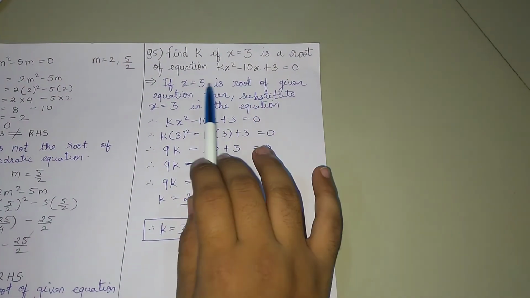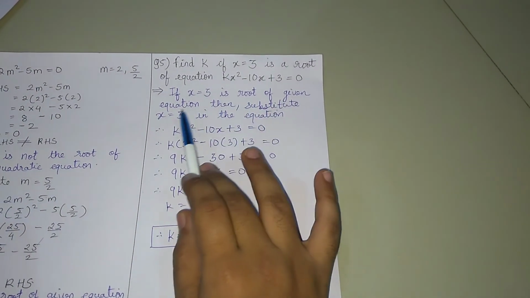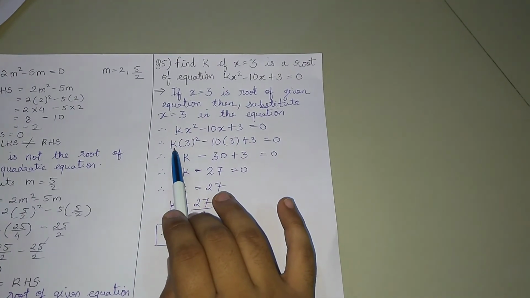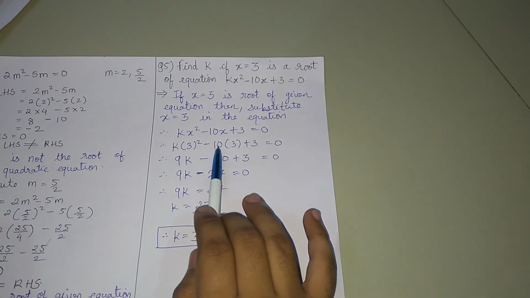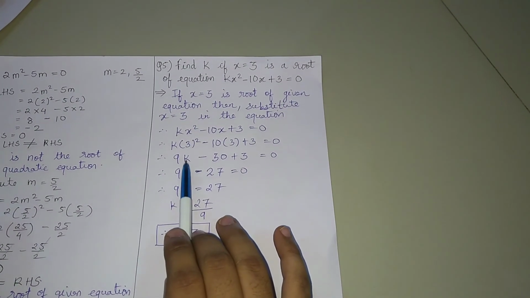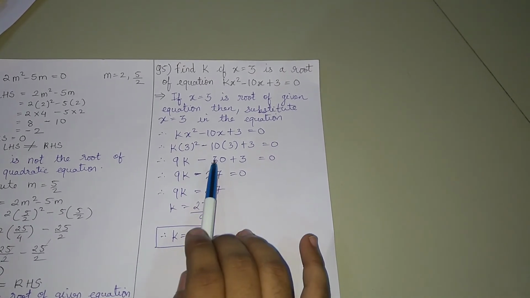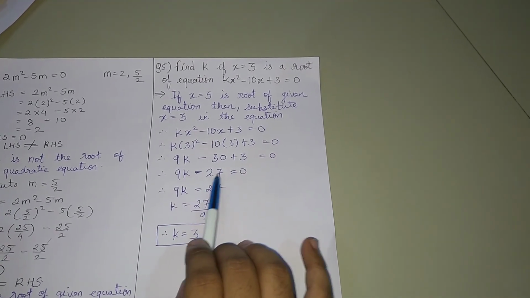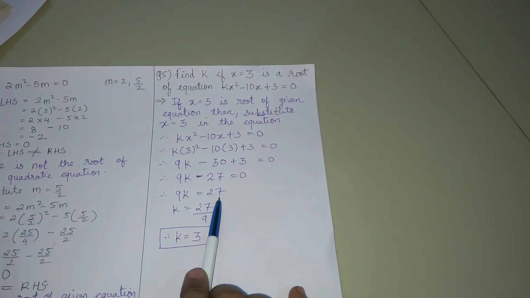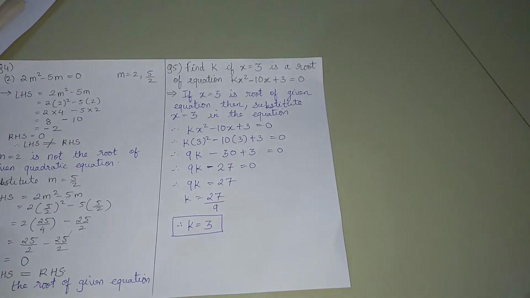So substitute x equals 3 in the equation: k into 3 square minus 10 into 3 plus 3 equals 0. So we get 9k minus 30 plus 3 equals 0. So 9k minus 27 equals 0. 9k equals 27. k will be 27 by 9, so the value of k is 3.